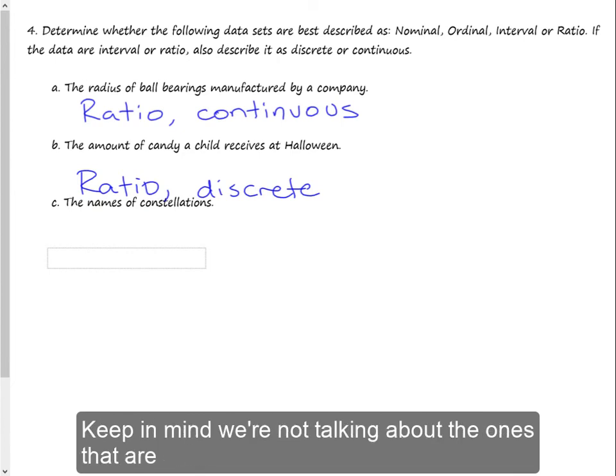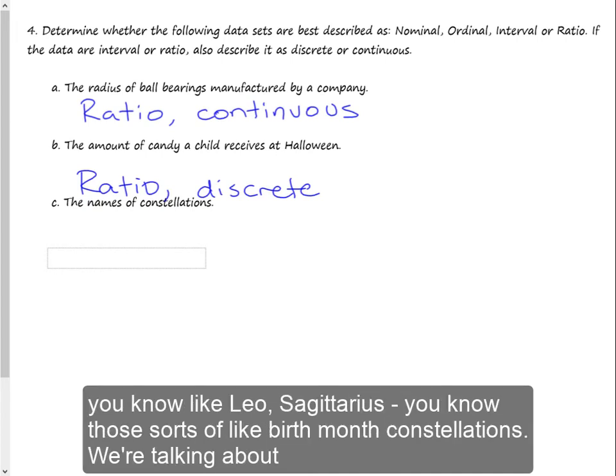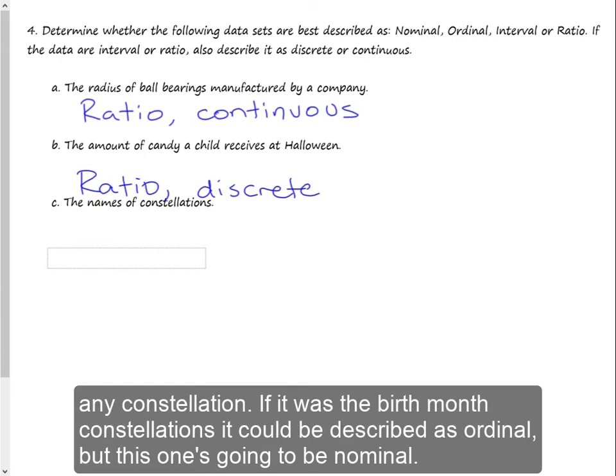Keep in mind, we're not talking about the ones that are like Leo, Sagittarius, those sorts of like birth month constellations. We're talking about any constellation. If it was the birth month constellation, it could be described as ordinal, but this one's going to be nominal.